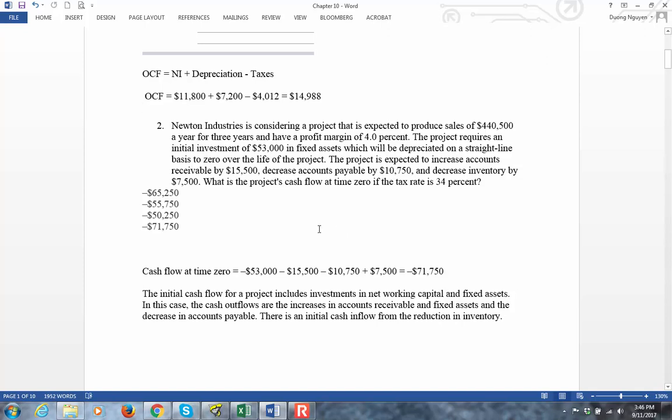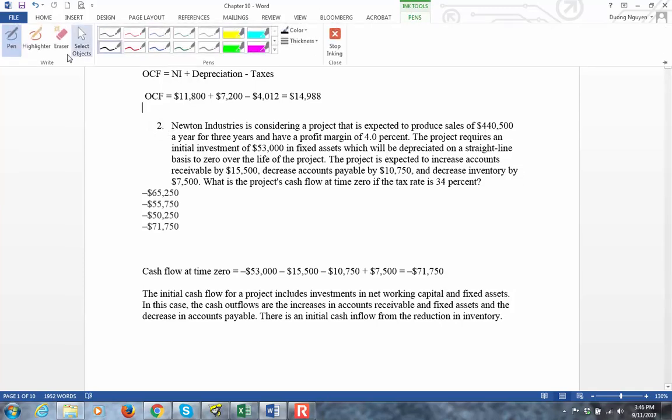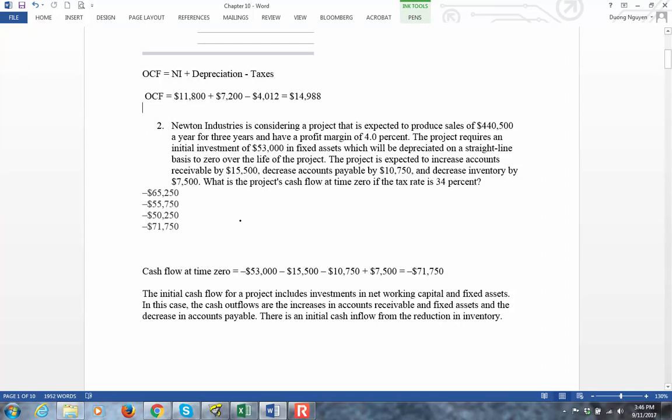Alright, so the cash flow at time 0 is the initial investment of $53,000, plus you have to make adjustment for working capital. Okay, so as you can see, let me use the pen. If account receivable increased by an amount of 15,500, what is account receivable?